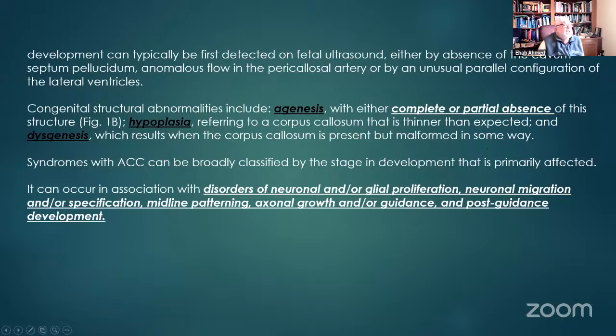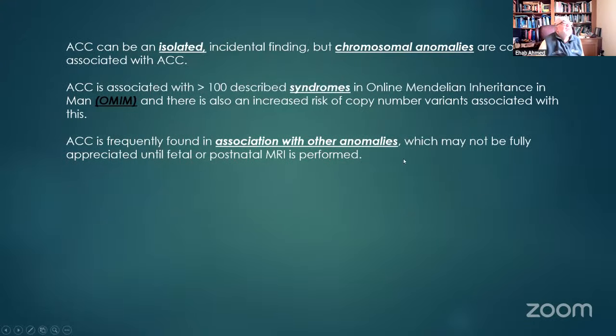A lot of details. Disorders of neuronal and glial proliferation, neuronal migration and specification, midline patterning, axonal growth, and a lot of chromosomal anomalies. And it could be isolated. If it's chromosomal, it's syndromic also. There is a very good site for genetic disorders.